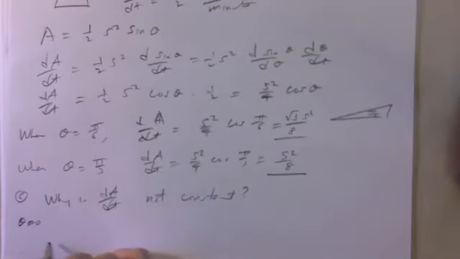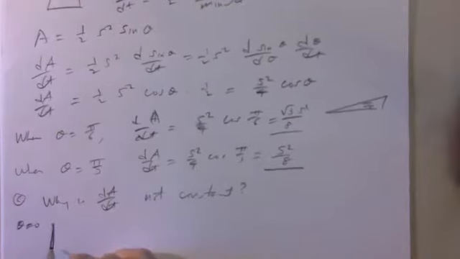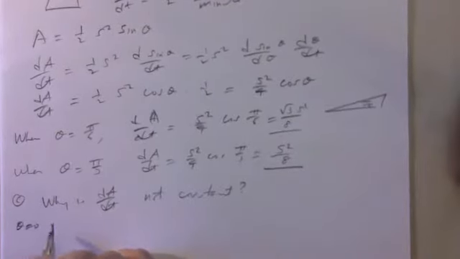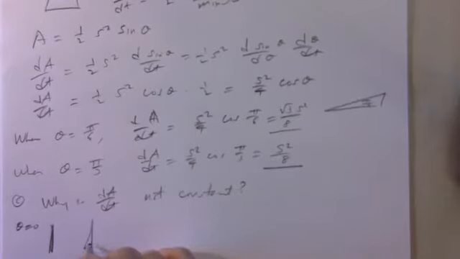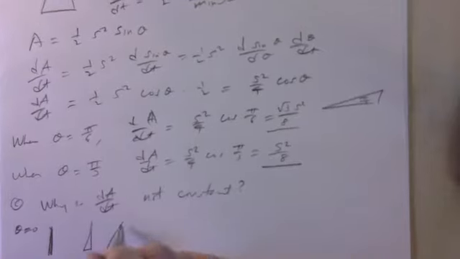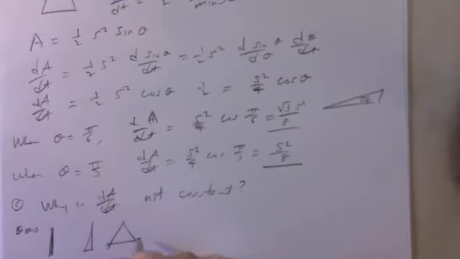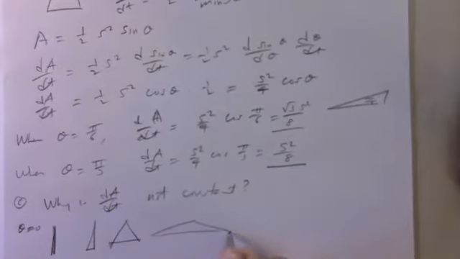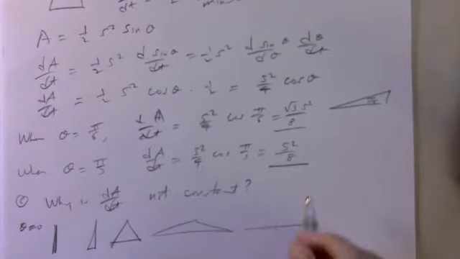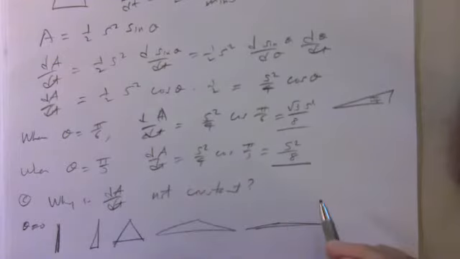When theta equals 0, our triangle is just a vertical line, has no area. When theta is small, we have a little bit of area. As theta gets bigger, the area increases, but then it hits a certain maximum, because as theta gets even bigger, the triangle is shrinking, and when theta approaches pi, the area is 0 again.